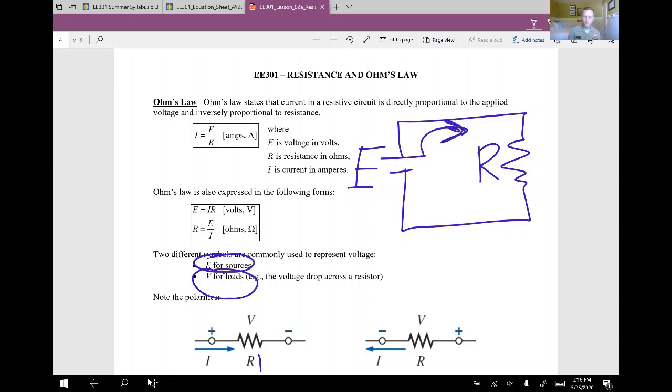If we are looking across this, it's going out of the positive side, and the resistor is going to oppose that electron flow, and so the voltage potential difference across the resistor will drop. And then positive, negative side, those line up.